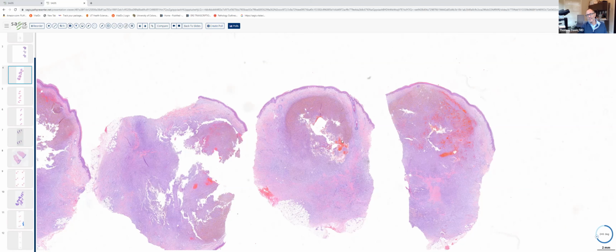And common sense would tell you, where there's smoke, there's fire. Since we do have all this abundant hemorrhage, there's a high probability that the pigment, this brownish gold pigment that we're seeing up near the surface of the specimen, is likely hemosiderin rather than melanin. But we'll confirm that when we go down to higher power.